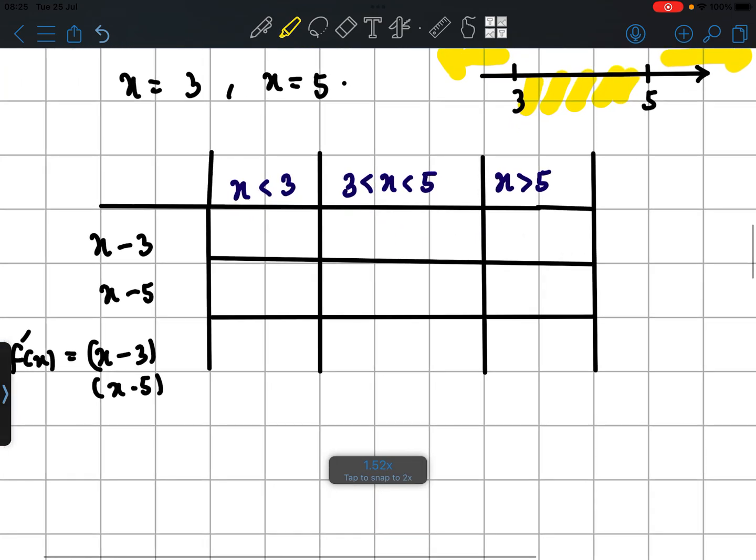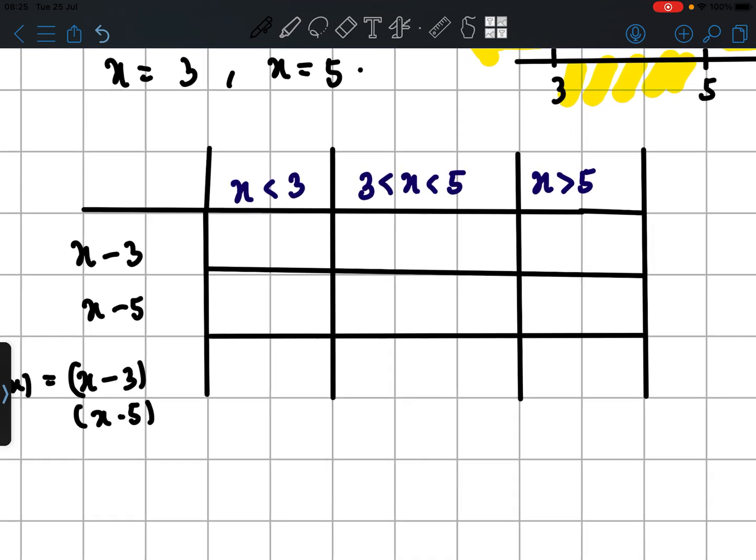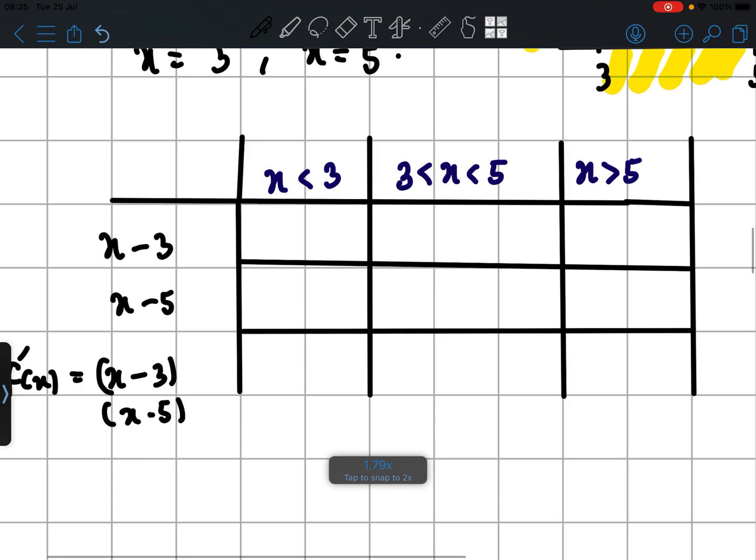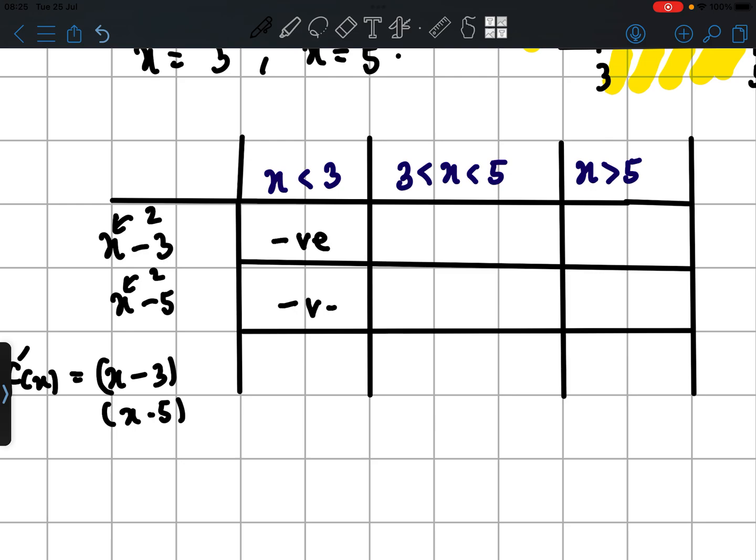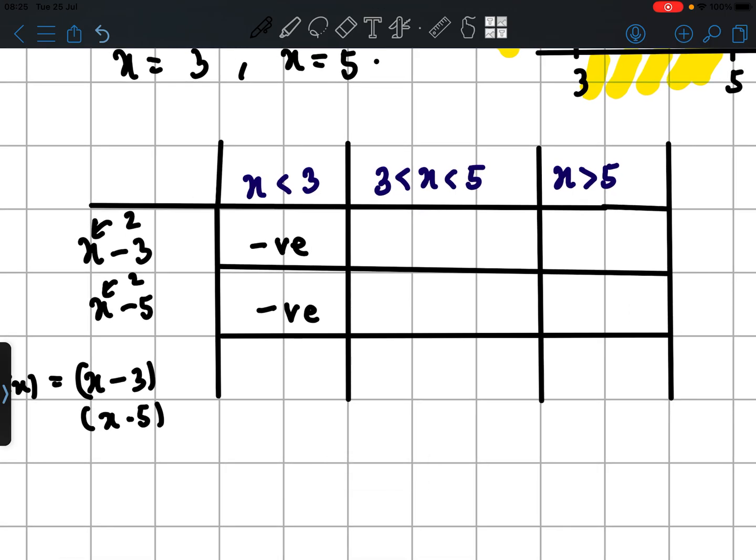So imagine when x is less than 3. For example, we take 2. When we subs in 2, x is 2, so we'll get 2 minus 3, which is negative 1, a negative sign. And this is also negative, because 2 minus 5 is negative lah. And then what if x is between 3 and 5?